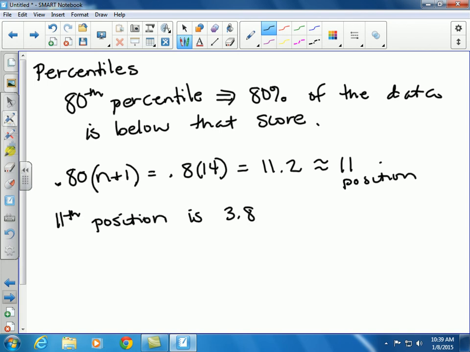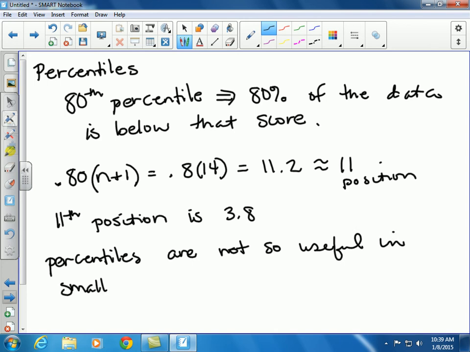So what does that mean? It means that quartile 3 and the 80th percentile are the same number, which doesn't make any sense. So percentiles are not so useful in small data sets. We're going to use them in big ones. We will continue to talk about percentiles as we move forward.